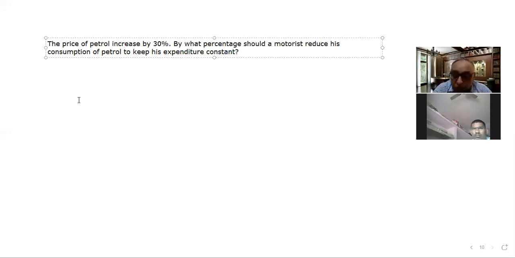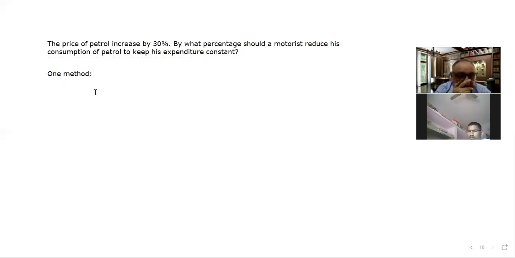Price of petrol increases by 30%. By what percent should the motorist reduce his consumption of petrol to keep the expenditure constant? So this is the question. One method of solving this is a very simple way.